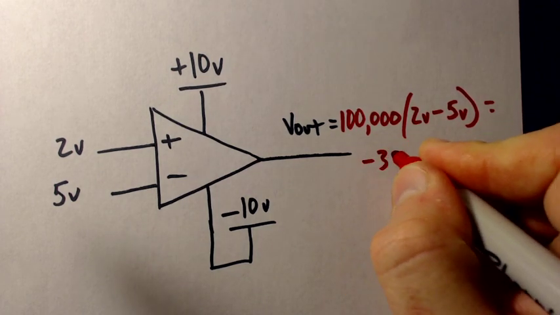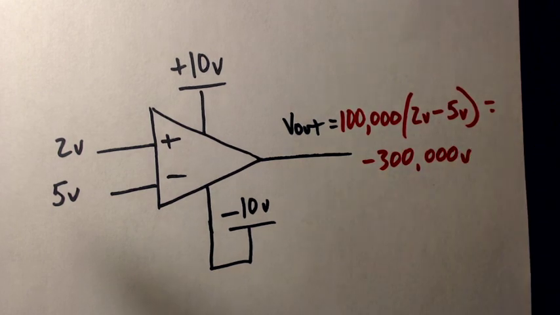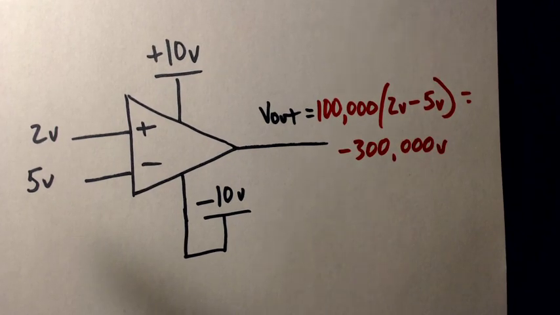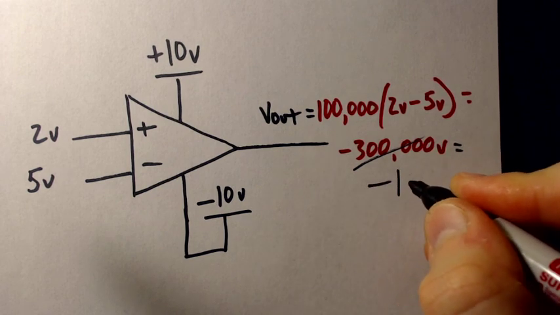Minus 300,000 volts. Yeah, right. You're never getting minus 300,000 volts out of this guy. But what you will get is minus 10 volts.